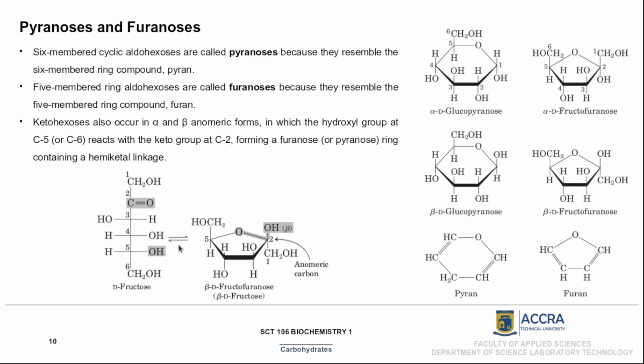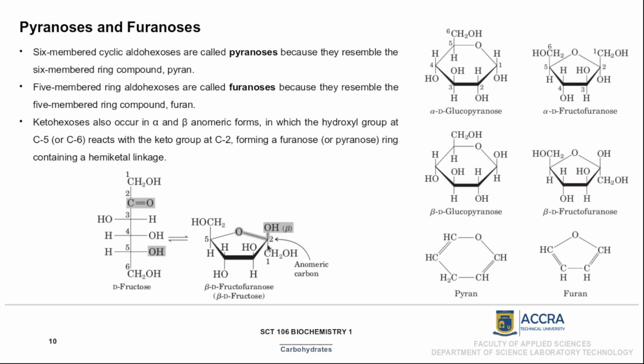Now, we saw the formation of the 6-ring structure compared to the reaction of the aldehyde with the hydroxyl group or the alcohol to give you a hemiacetal. A similar reaction occurs in fructose, which is a ketohexose. And here you have the reaction occurring between the hydroxyl group on carbon number 5 and the ketone group on carbon number 2.